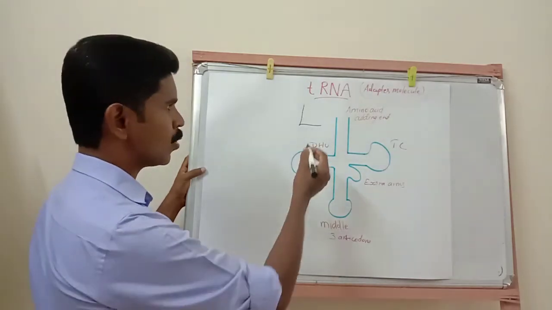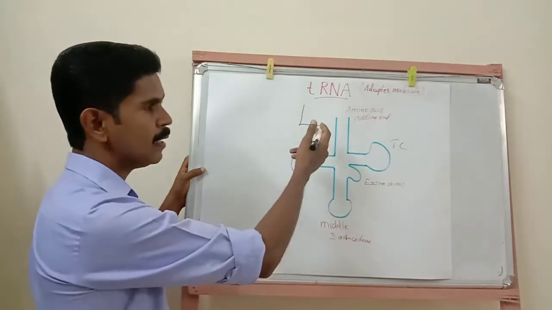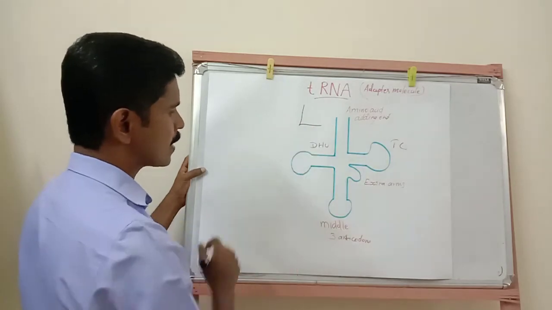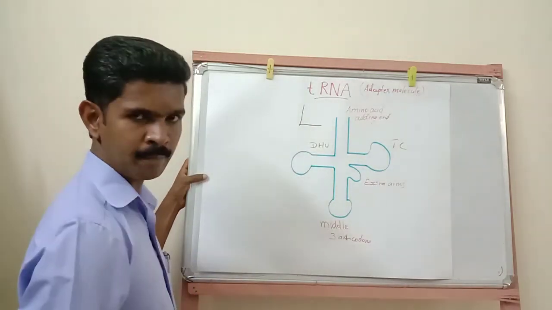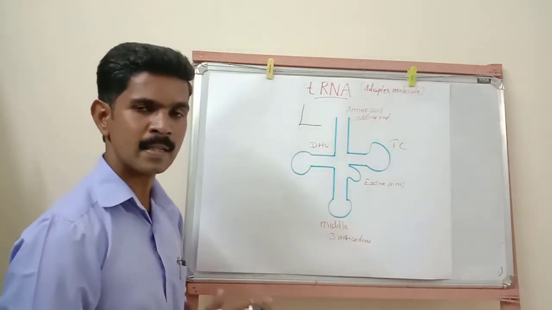Already I told you, amino acylation means the process of adding the amino acid to the tRNA molecule. And this amino acylation process is controlled by one enzyme. The name of that enzyme is amino acyl tRNA synthetase.